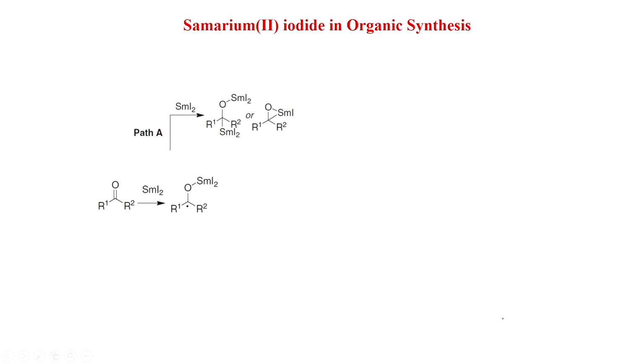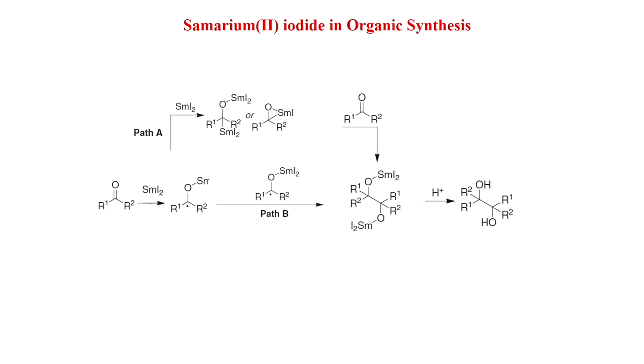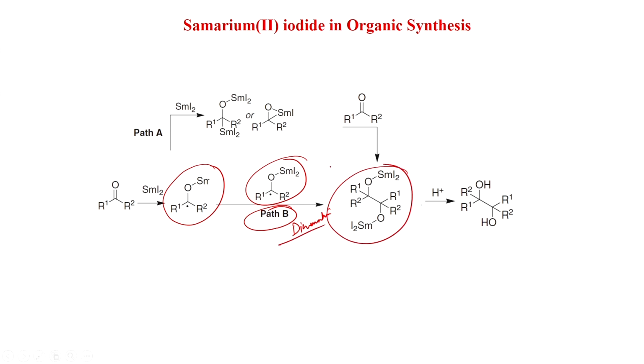So, this is path B here, you can see this radical anion is generated, and in the path B process it reacts with another radical anion. So, it is actually dimerization, and then you get this pinacol O-samarium compound, and after proton source you get the pinacol products. Alternatively, in path A you can see this radical again can be converted to anion that we have seen earlier also with samarium iodide, and then you get this anion.